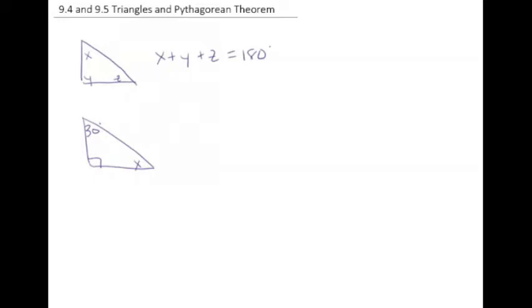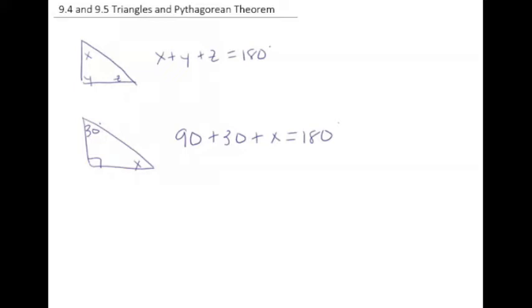So I could write it out like this: my 90-degree angle, of course, is worth 90, plus the 30-degree angle, plus the missing angle, together all has to add to 180. And now this should look very familiar to you.